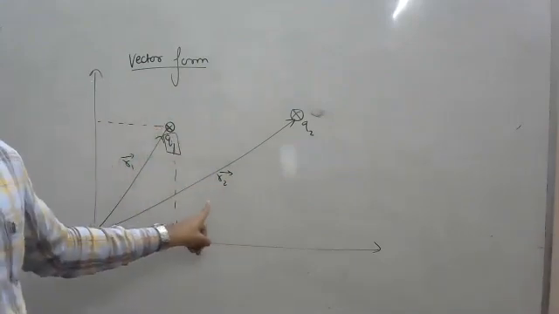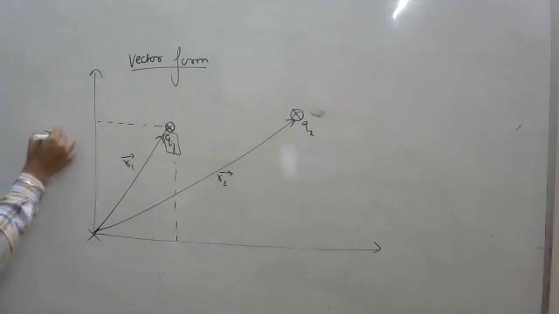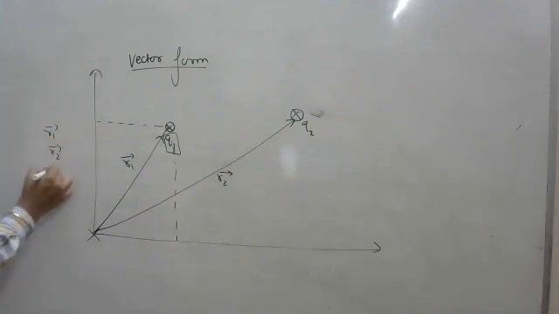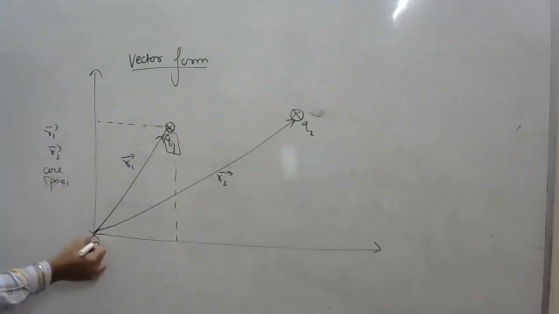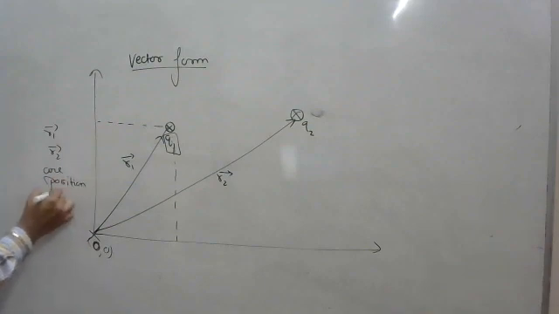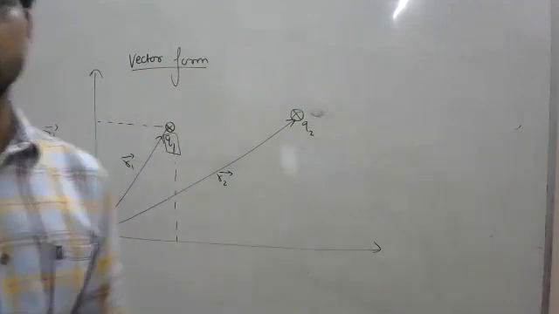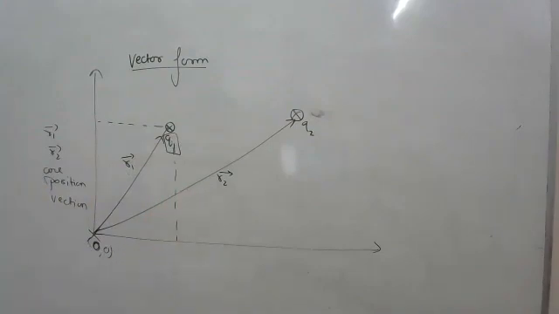So they are the position vectors. R1 and R2 here are position vectors, and this is the origin. R1 is representing the position of Q1, R2 is representing the position of Q2.